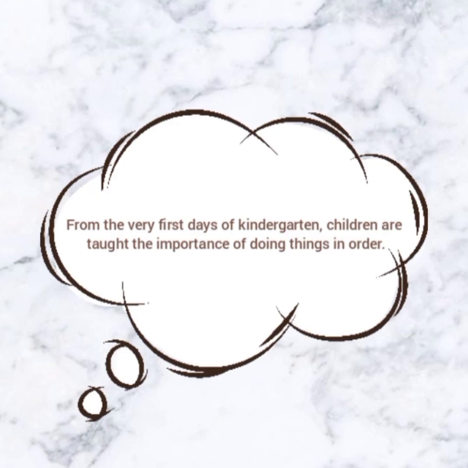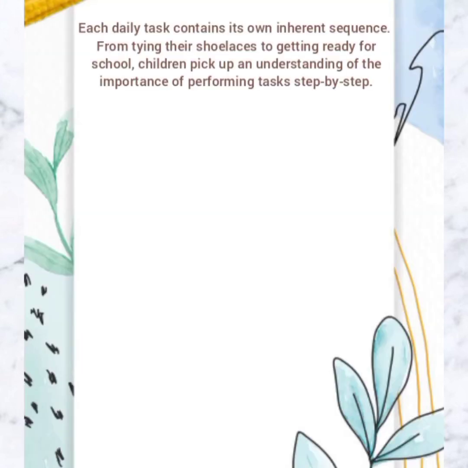From the very first days of kindergarten, children are taught the importance of doing things in order. Each daily task contains its own inherent sequence, from tying their shoelaces to getting ready for school. Children pick up an understanding of the importance of performing tasks step by step.